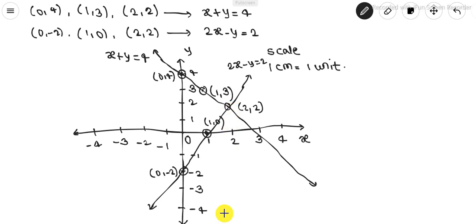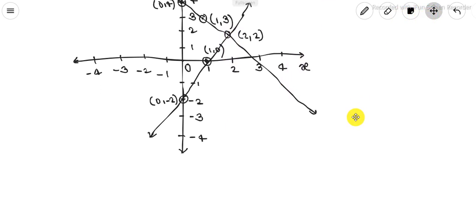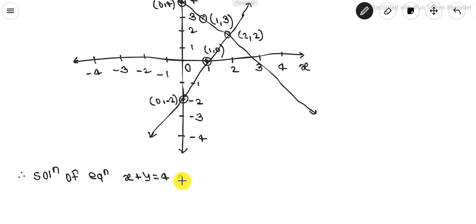Hence we write here: solution. Therefore the solution of the equations x plus y is equal to 4 and 2x minus y is equal to 2 is 2 comma 2, that is x is equal to 2 and y is equal to 2.